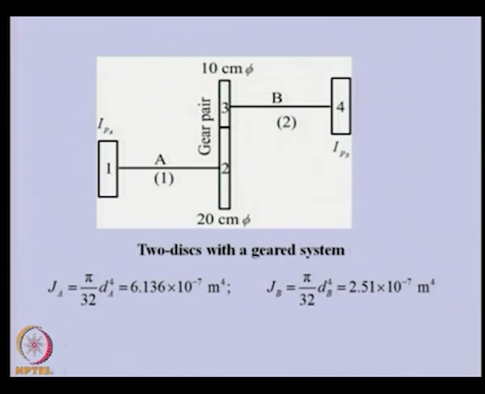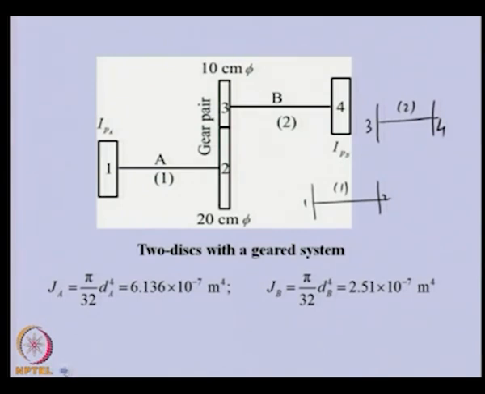So, now you can see we have divided this whole system into two elements. This is one element in which nodes 1 and 2 are there, and this is element 1. Similarly, this is the second element in which we have nodes 3 and 4.